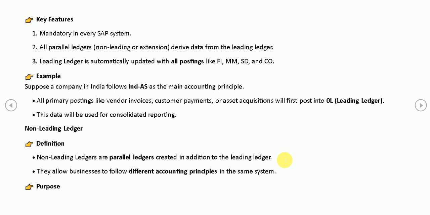For example, if the business is related to India and another one is related to Singapore or any other country, then according to their accounting principles you need to create a non-leading ledger. For that purpose, you can create one non-leading ledger to do the transactions.